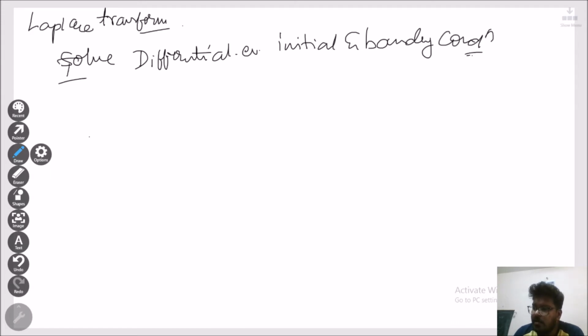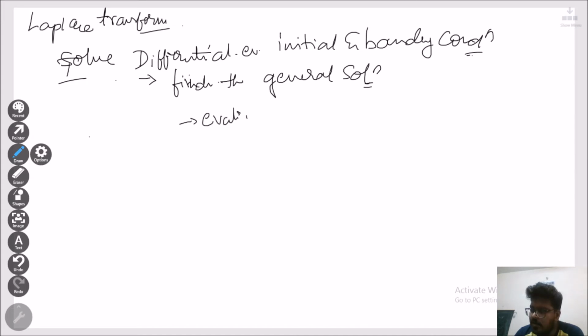In general, the differential equations can be solved by first finding the general solution, then evaluating that general equation using the arbitrary constant with initial condition.